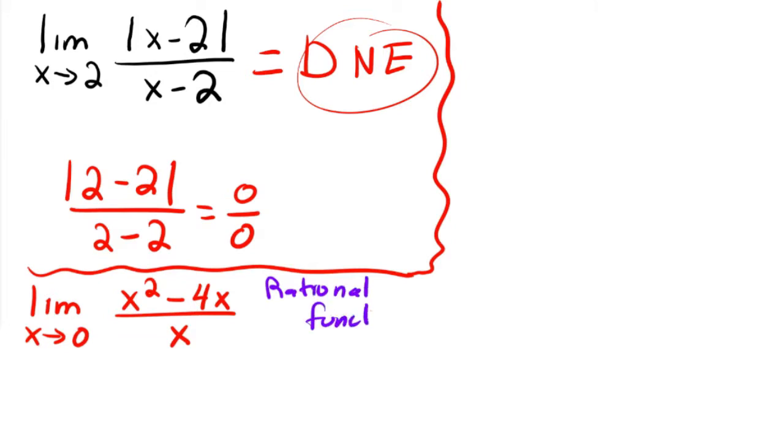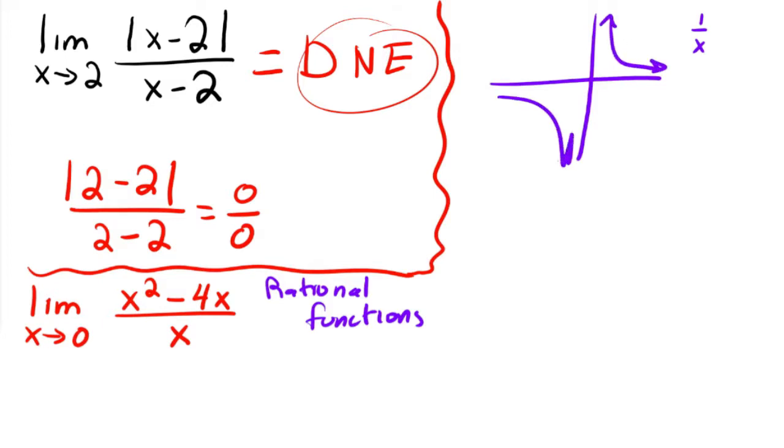And rational functions, remember, if I just graph the simplest rational function, 1 over x, it looks like this, right? It's got a horizontal asymptote at 0. It's got a vertical asymptote at 0. And so we expect this guy to look somewhat similar.